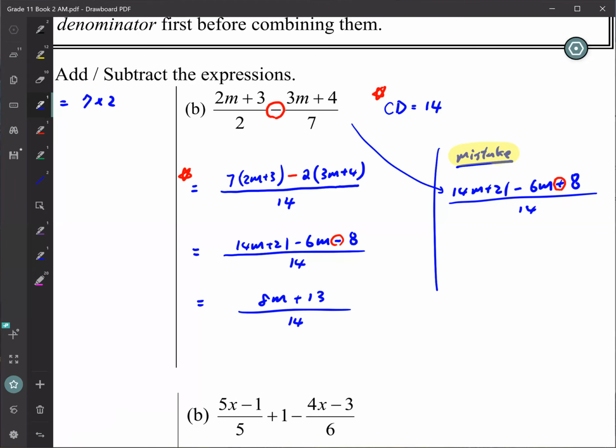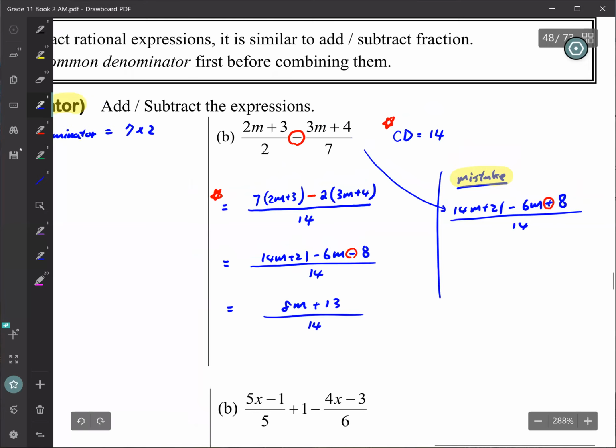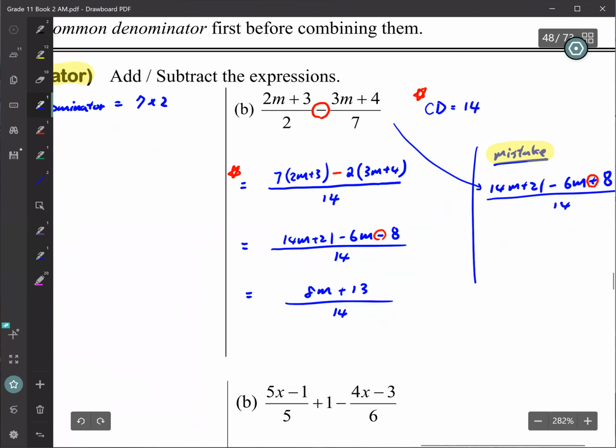And then you double check, because the question wants us to add and subtract, and then simplify it. So you want to see if there's anything you can factor. What you learned before also applies here. So 8m plus 13, nothing to factor, so we cannot cancel anything out.